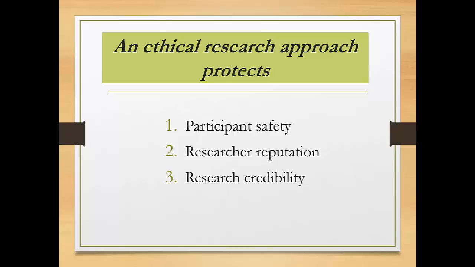For example, if it's discovered a researcher changed results that didn't fit with his or her hypothesis in one study, they won't only lose credibility for that study, but they'll raise questions about all the other research work that they've done. And if a psychologist, for example, acted unethically, then they might raise questions about psychology in general and maybe make people less likely to trust psychologists.